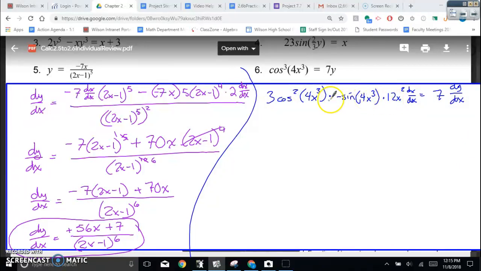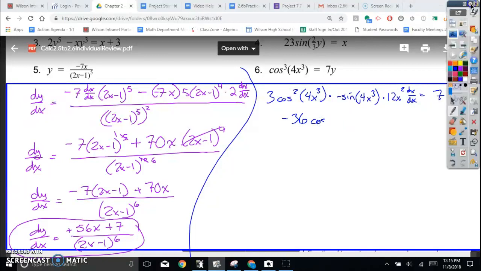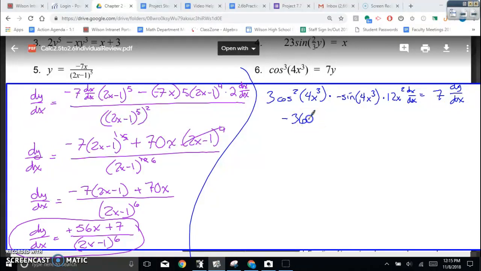So that would be 12 times negative 1 times 3. So that's going to be negative 36 cosine, got my x squared. Okay, so I'm going to go ahead and write my x squared here as well. Cosine squared (4x cubed) sine (4x cubed). dx/dx cancels out, and then I'm going to have dy/dx here.